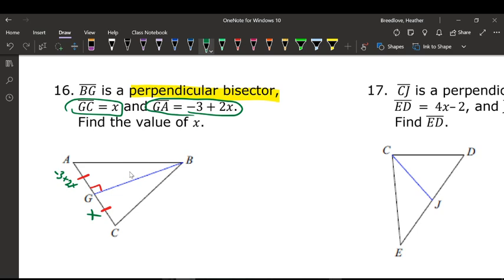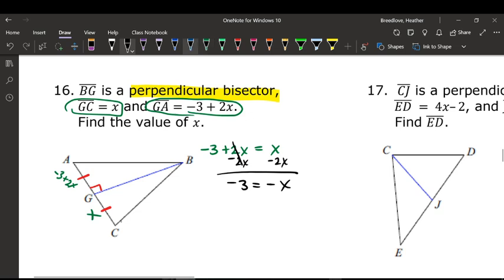All right, well, the line has been bisected, it's cut in half. I marked it in the picture that these 2 pieces are equal to each other, so I'm going to set it up as they are equal to each other. -3 plus 2X equals X. Okay, so then I just need to solve for X. So I'm going to subtract 2X. -3 equals -X.